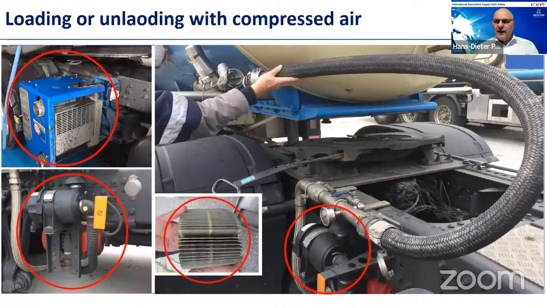But don't forget, the compressor takes all the air from around it. That means if this air is contaminated, maybe with exhaust from the trucks when the machine is running, they take all this air, compress it, and bring it to the product.